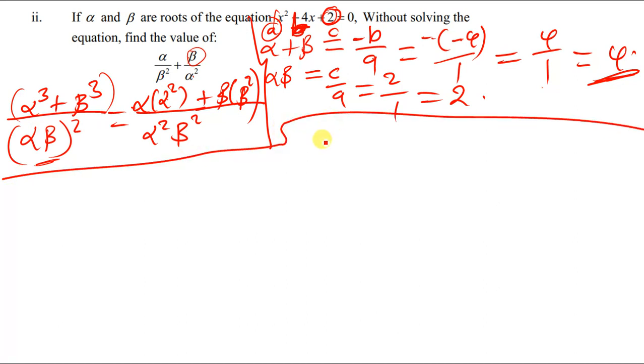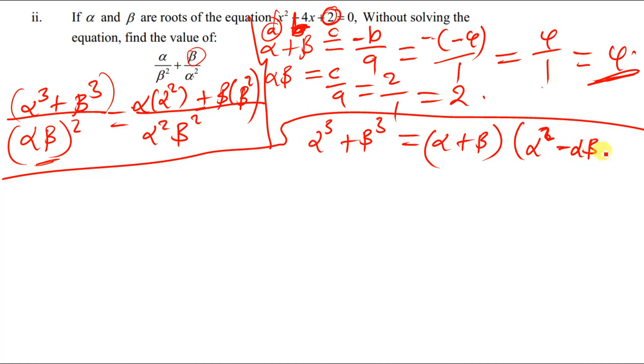We know that if you have alpha cubed plus beta cubed, this can also be written as alpha plus beta in brackets, and then open brackets, alpha squared minus alpha beta, then plus beta squared. So this is the sum of two cubes. This is the easiest way you can do it.